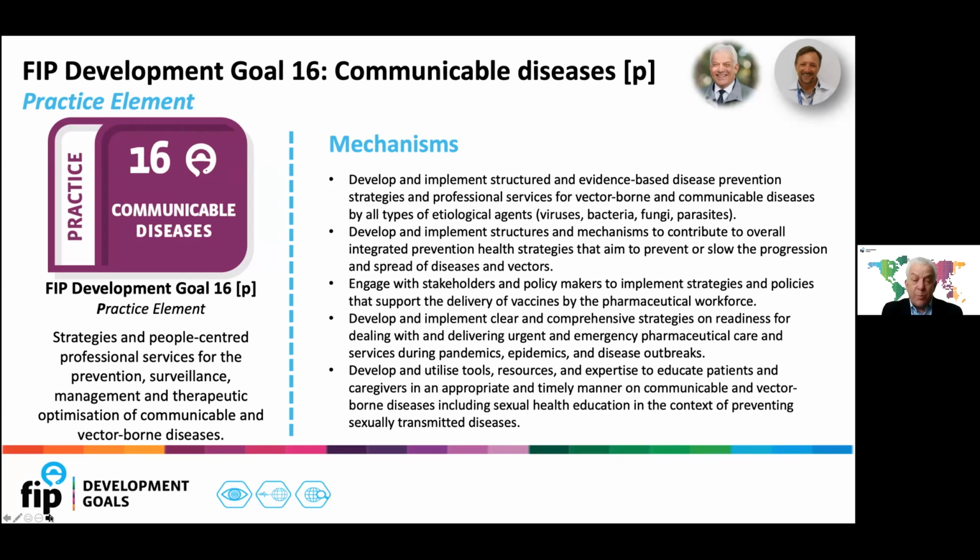And we need to develop and utilize tools, resources, and expertise to educate patients and caregivers in an appropriate and timely manner on communicable diseases and vector-borne diseases, including sexual health education in the context of preventing sexually transmitted diseases. So from this, it's also very clear to understand that pharmacy needs to be part of a national health strategy with clear objectives and goals. Next slide, please.